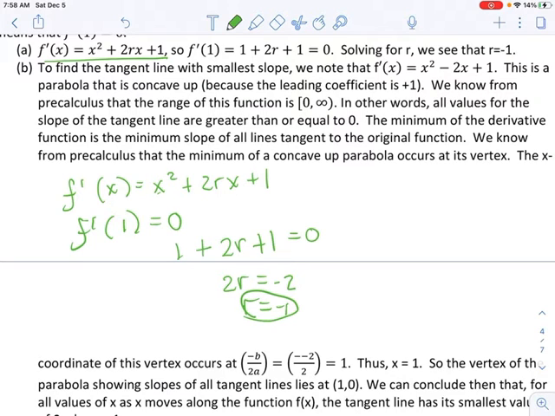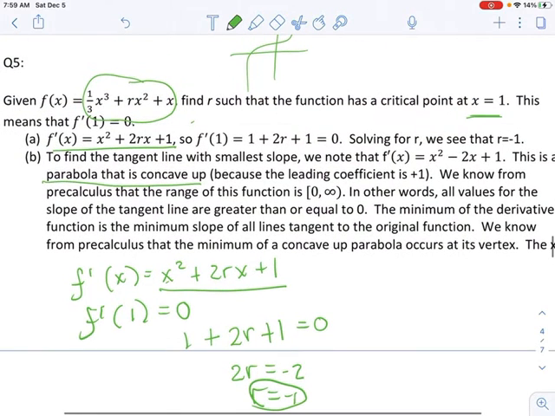So what that means is that this derivative is a parabola, but what the r means, going back to the original equation here, is that when this r is -1, this function has a critical point at x equals 1.